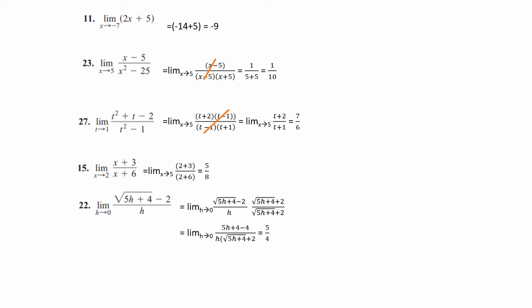Numerator is 5. Oh, this is 5, you're right. Sorry, I was thinking of talking about this. So this is 5 over 4, right? Okay, good. Next.